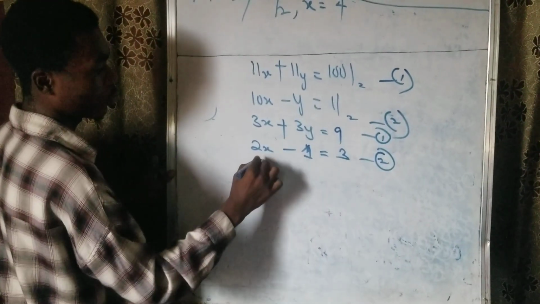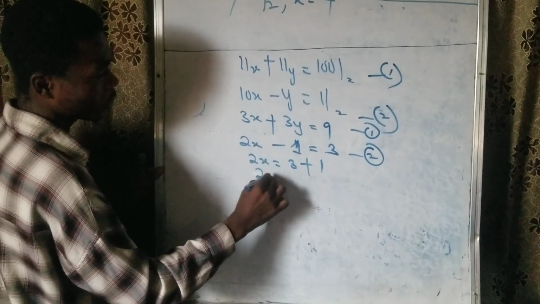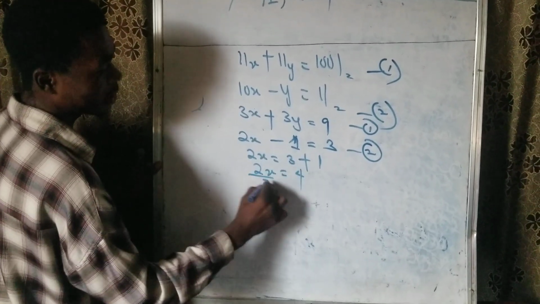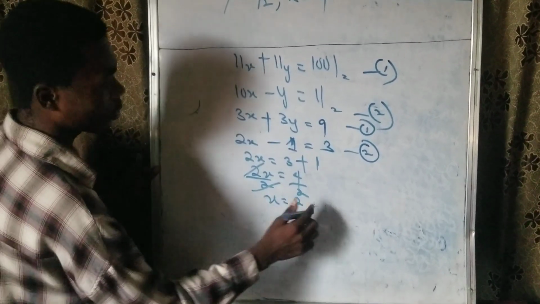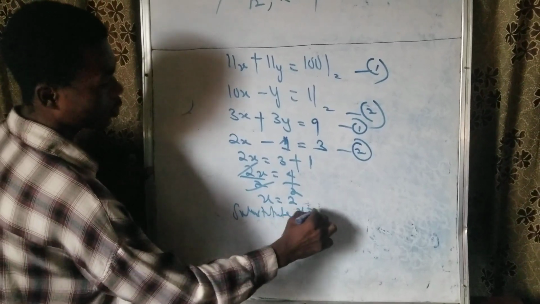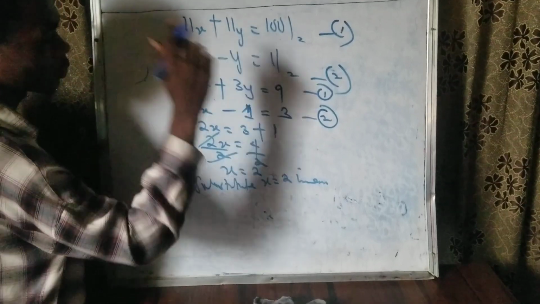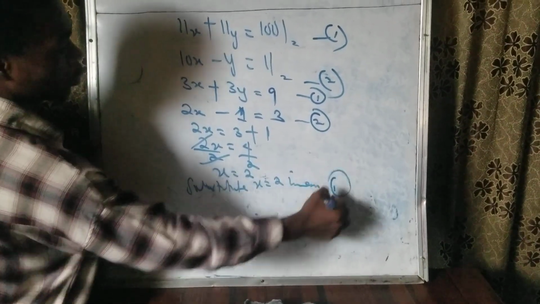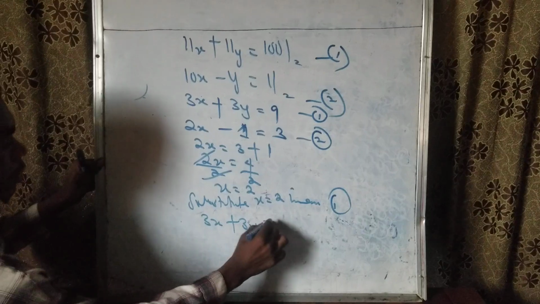So from equation 2, we continue. That's 2x equals to 3 plus 1. So that's 2x equals to 4. You divide both sides by 2. And what's the value of x? X equals to 2. Then substitute x equals to 2 in equation 1. Equation 1 says 3x plus 3y equals to 9.